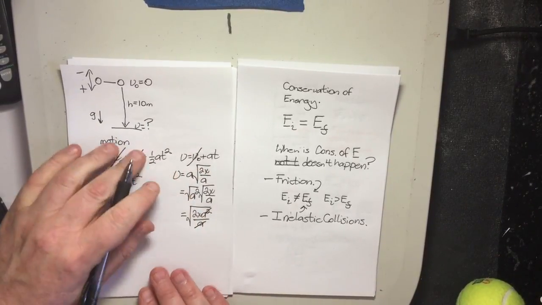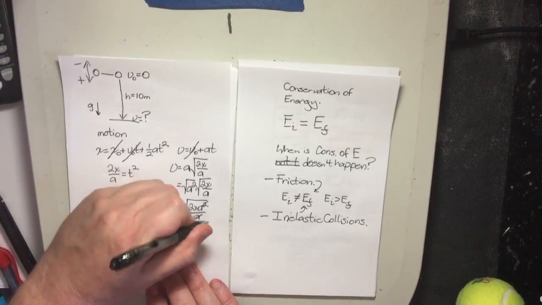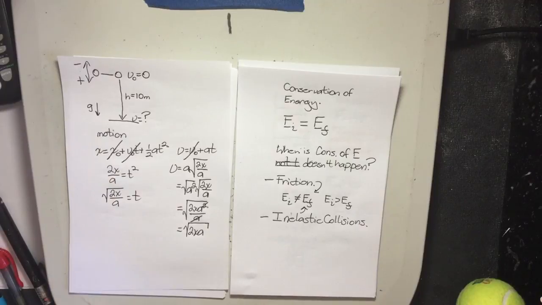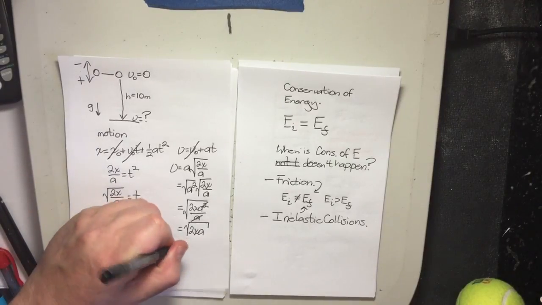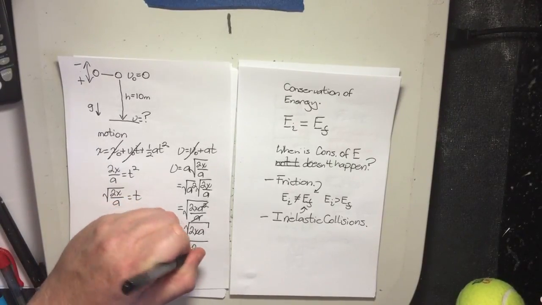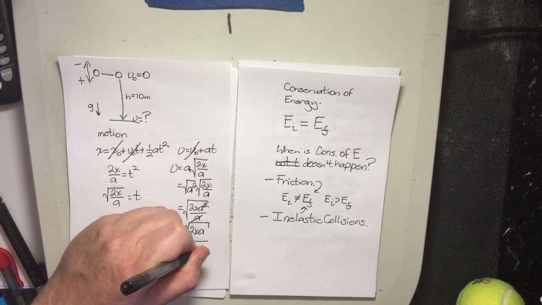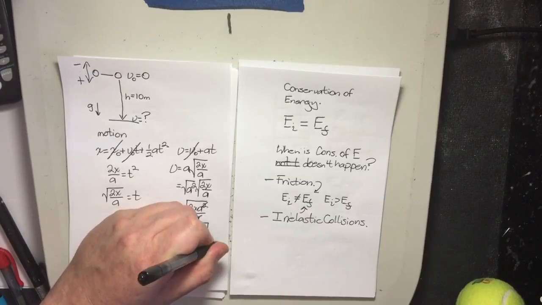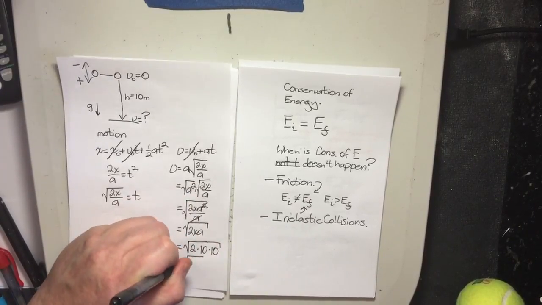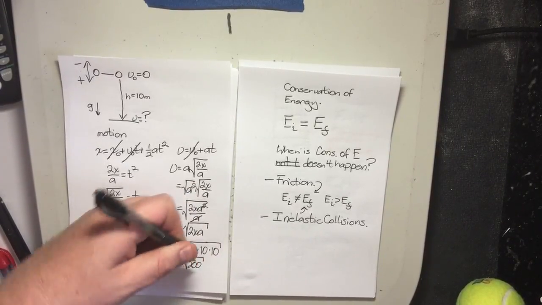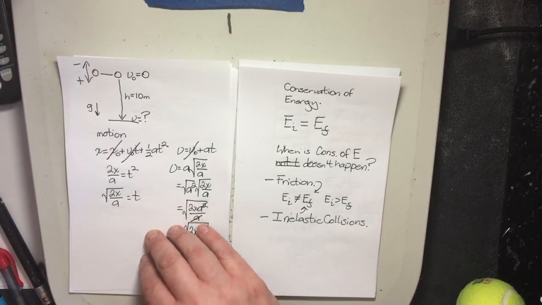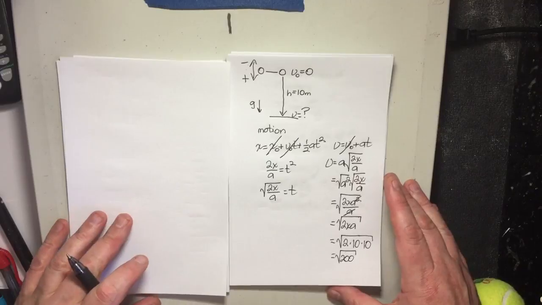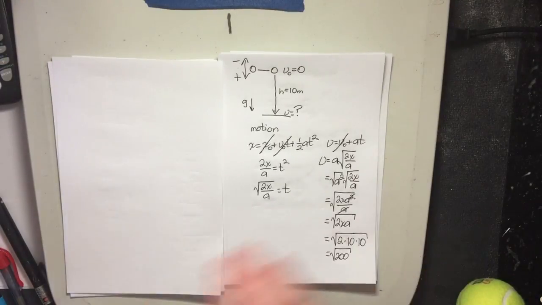One of the a's cancels, and I'm left with the square root of 2xa. So now I can figure it out. 2 times 10, which is the height, times the a, which is that, and so it's the square root of 200, whatever that is. I'm not interested in the specifics. So that is how we normally solved for the velocity for a drop.